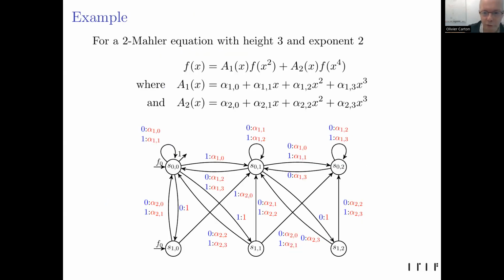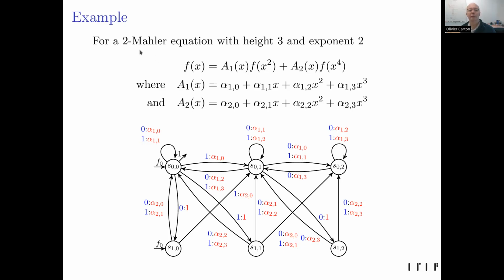So instead of giving a formal definition, I will give an example. Suppose we start with this equation, an equation of A(3), which means that the polynomials A1 and A2 are of degree 3 and exponent 2, which means that we have only phi of phi.